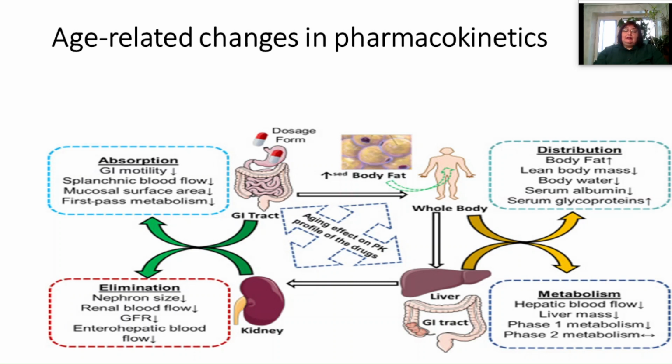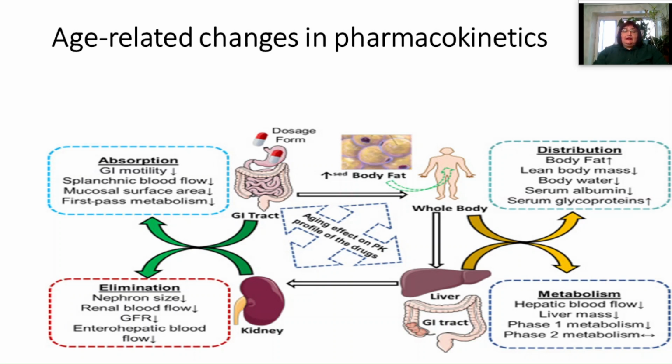In the metabolism stage, changes include decreasing hepatic blood flow, decreasing liver mass, decreasing phase 1 metabolism, and phase 2 metabolism can be changing.